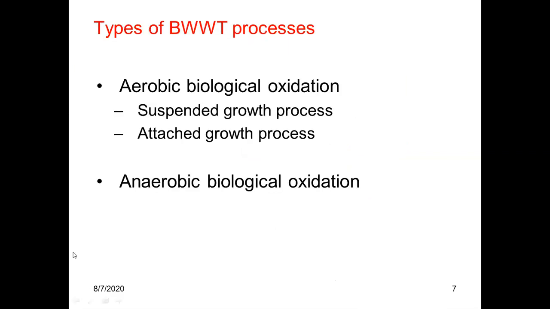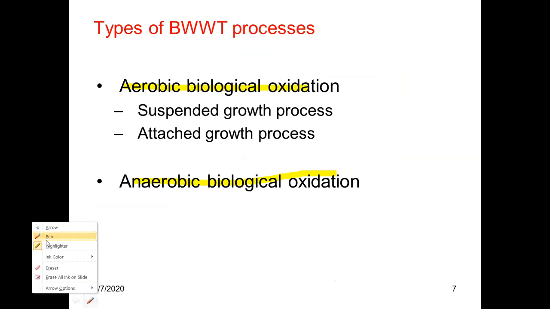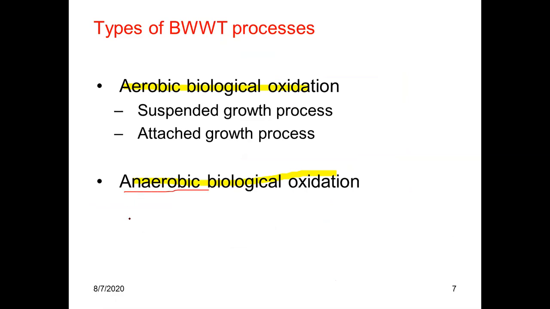There are two types of biological wastewater treatment processes: aerobic biological oxidation and anaerobic biological oxidation. Anaerobic means there is no air. Aerobic means with air, with oxygen. Aerobic biological oxidation can be divided into suspended growth process and attached growth process.